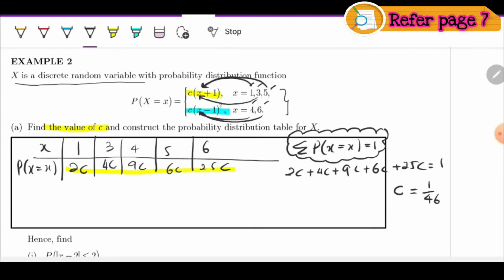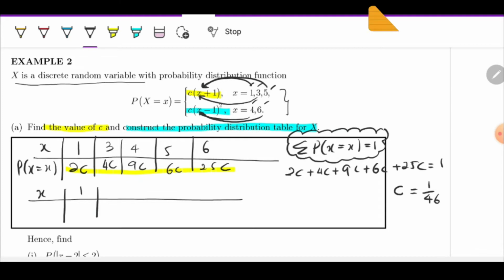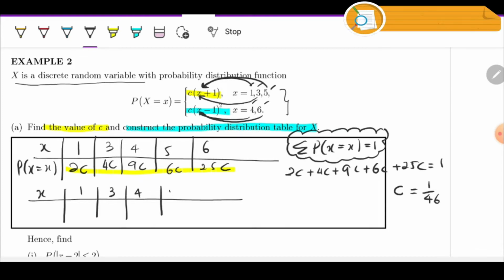Next, you need to construct the probability distribution table for x. So we substitute the value of c into the table. Start from 1, 3, 4, 5, and 6. The second row is for the probability. Substitute c equals 1 over 46, then we get 1 over 23.